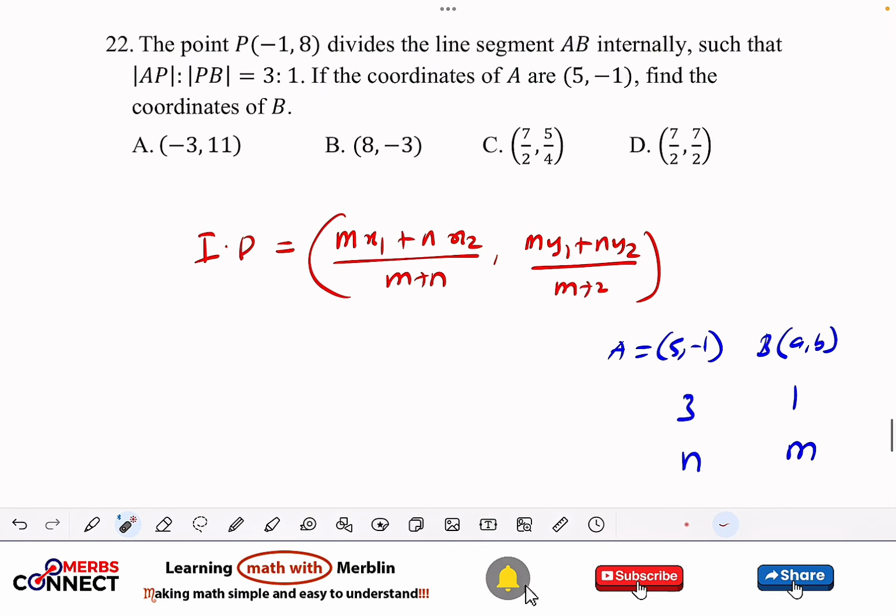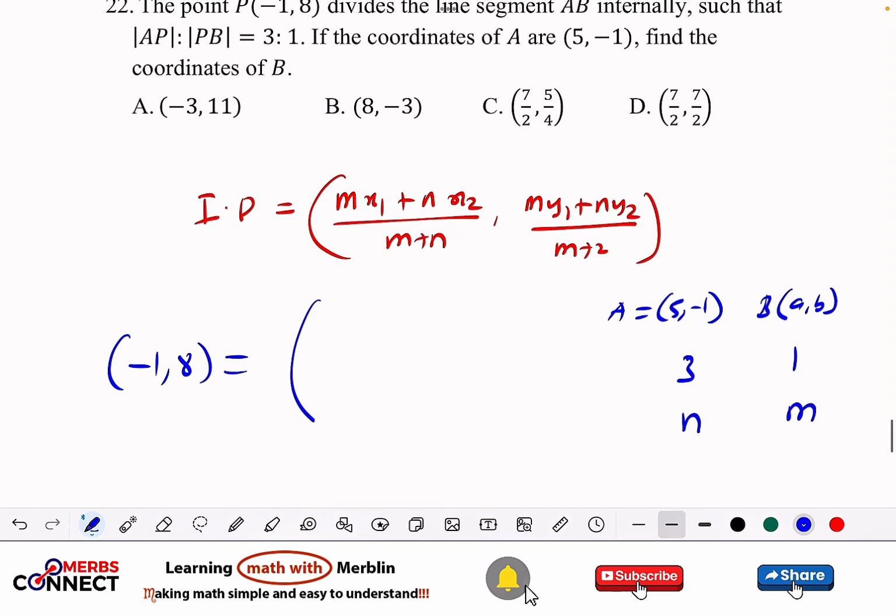So now the point of internal division is given, which is minus 1 and 8. So we have minus 1 and 8 equal to, then we just plug them in. m times x1 is going to be 1 times 5, plus n times x2, which is going to be a.